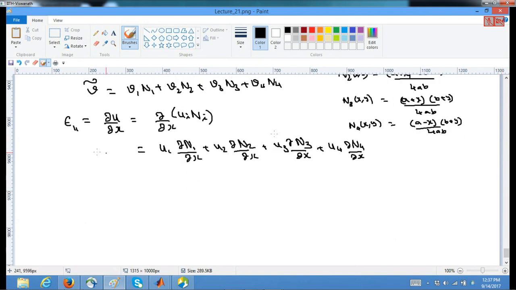Similarly, epsilon 2 2 is equal to dou v by dou y, that is equal to dou by dou y of vi ni.